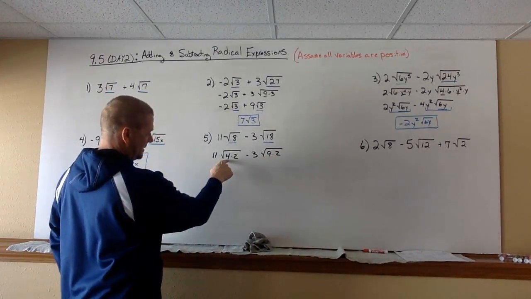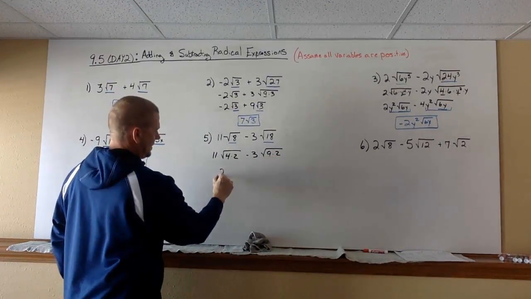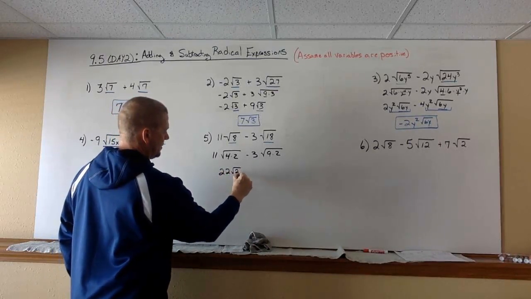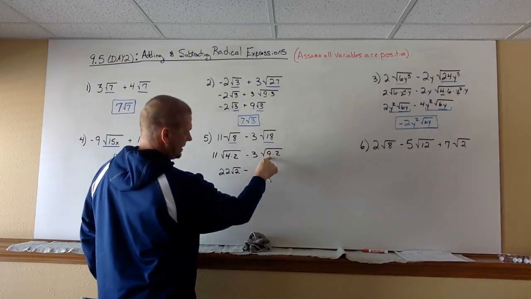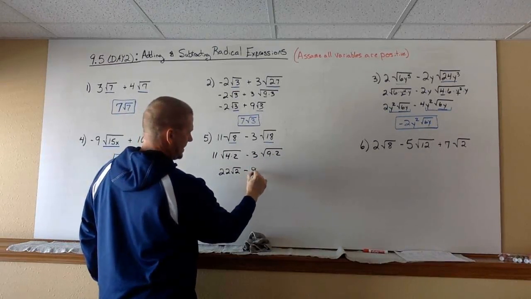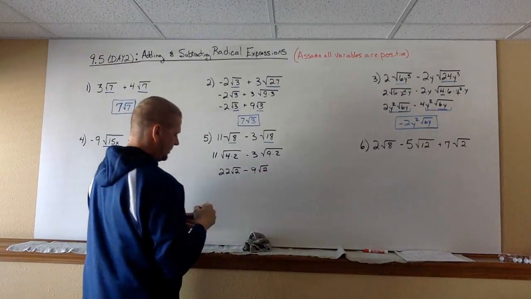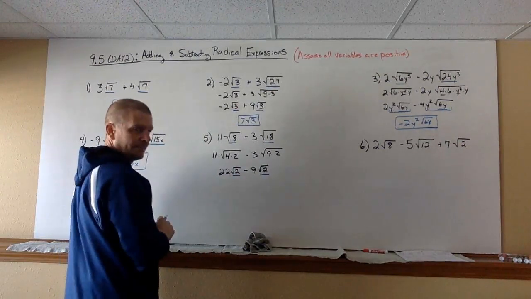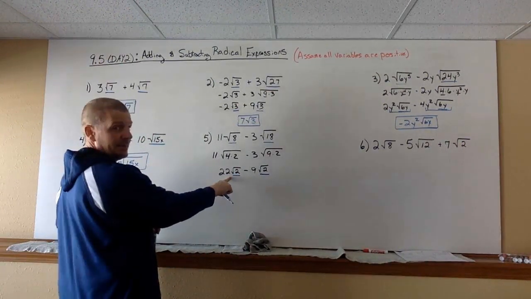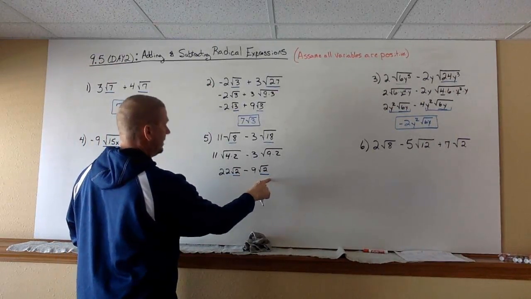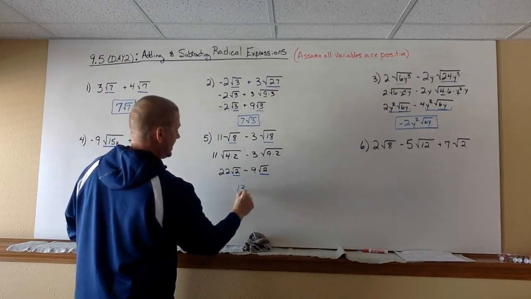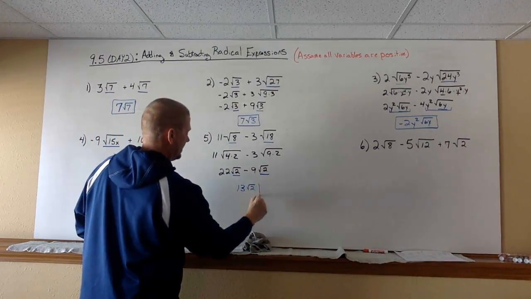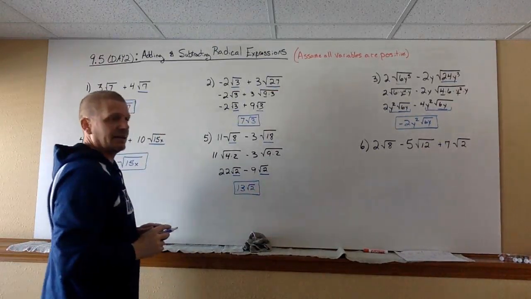So this 2 comes out, so this is really 22 square roots of 2 minus, this 3 comes out, multiplies with that, so that gives me 9 square roots of 2. Now I can see my roots are the same. If I have 22 of them in the beginning and I take 9 of them away, well then I have 13 square roots of 2 for my final answer.